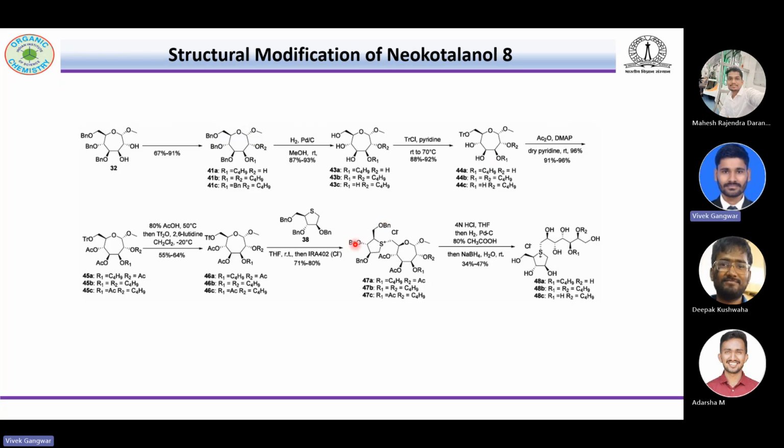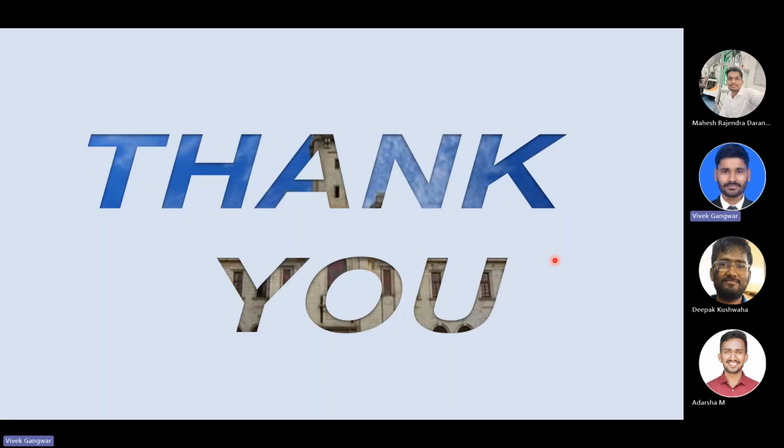Then they used the same procedure after this functionalization of 2 and 3. They again did the attack of this, followed by deprotection and removal. So overall, in this method, they don't use any Wittig reaction or asymmetric hydroxylation. They only use the synthesis of septanoside followed by ring opening. Thank you.